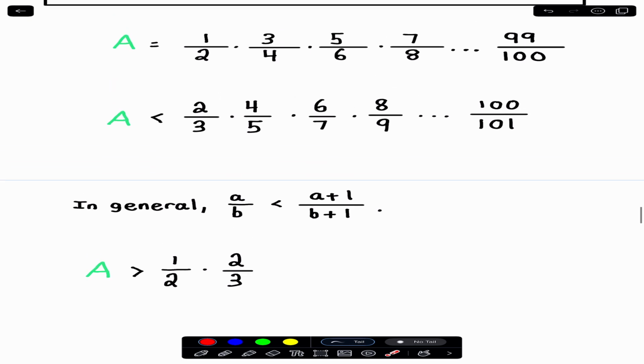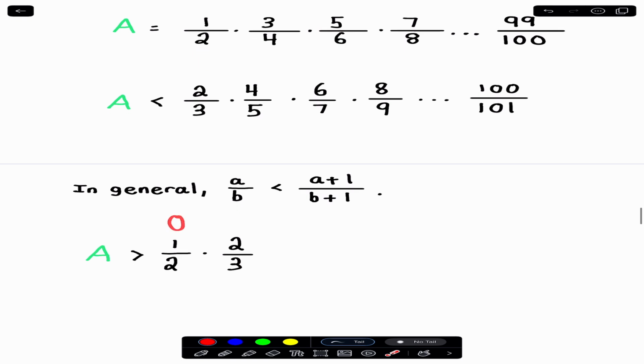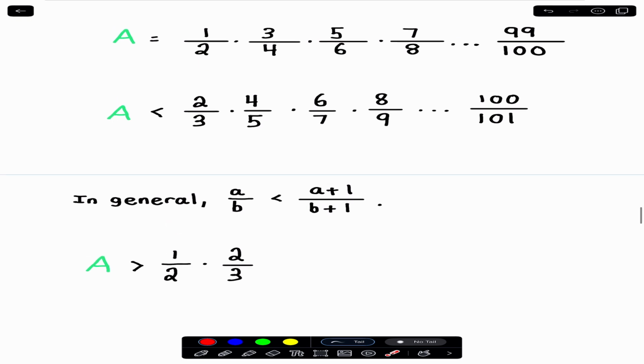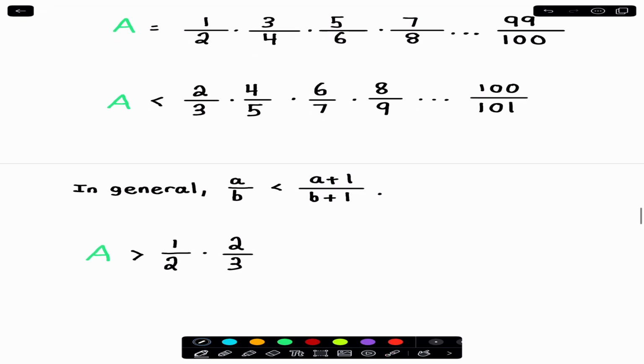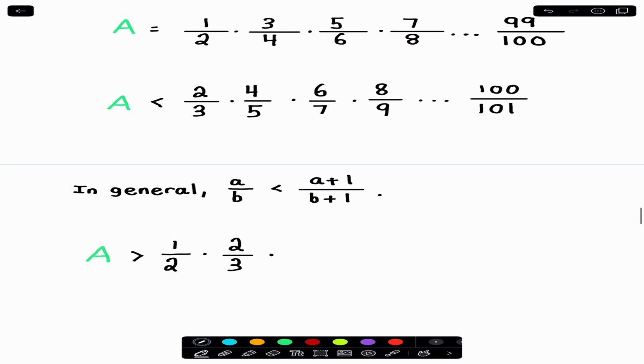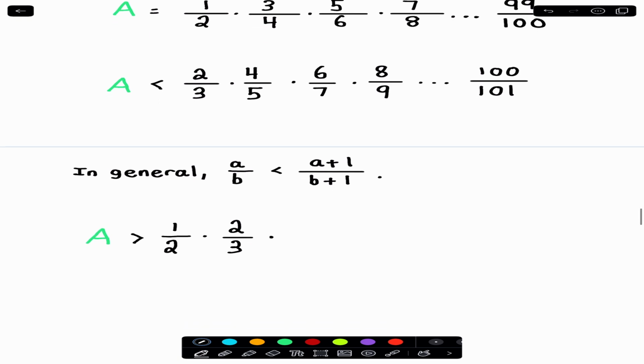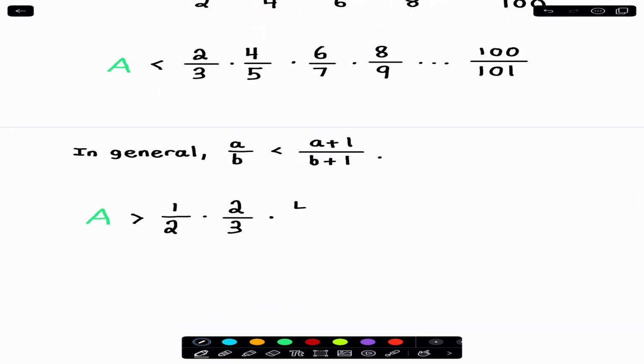But if we were to do that for this original term, well then we would get 0 over something which is just 0, which is not what we're trying to go for. We know 5 over 6 is greater than 4 over 5.